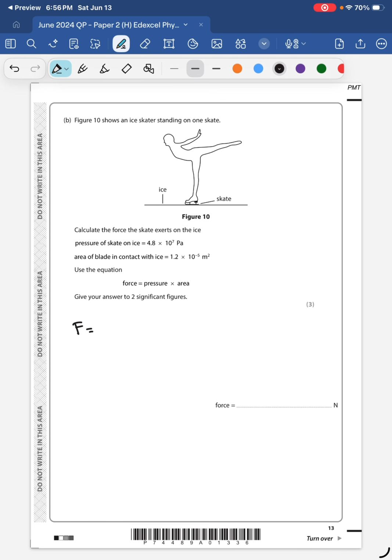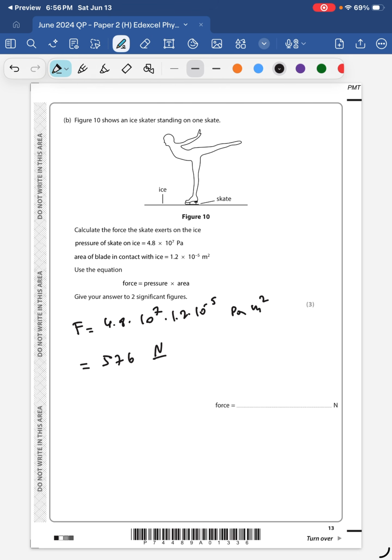Okay, so force is 4.8 times 10 to the 7 pascals, times 1.2 times 10 to the negative 5 meters squared. If we perform this calculation, we will find 576.